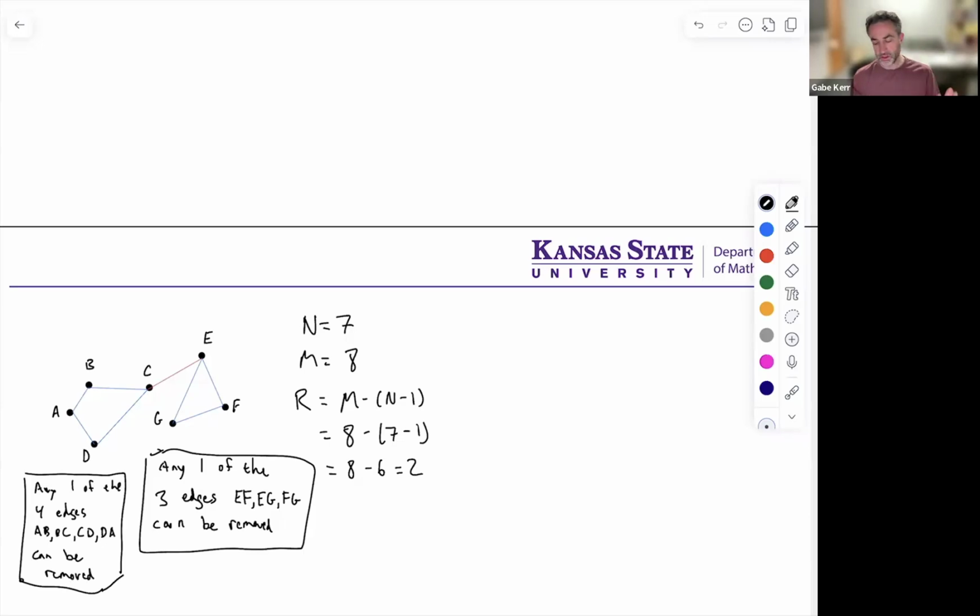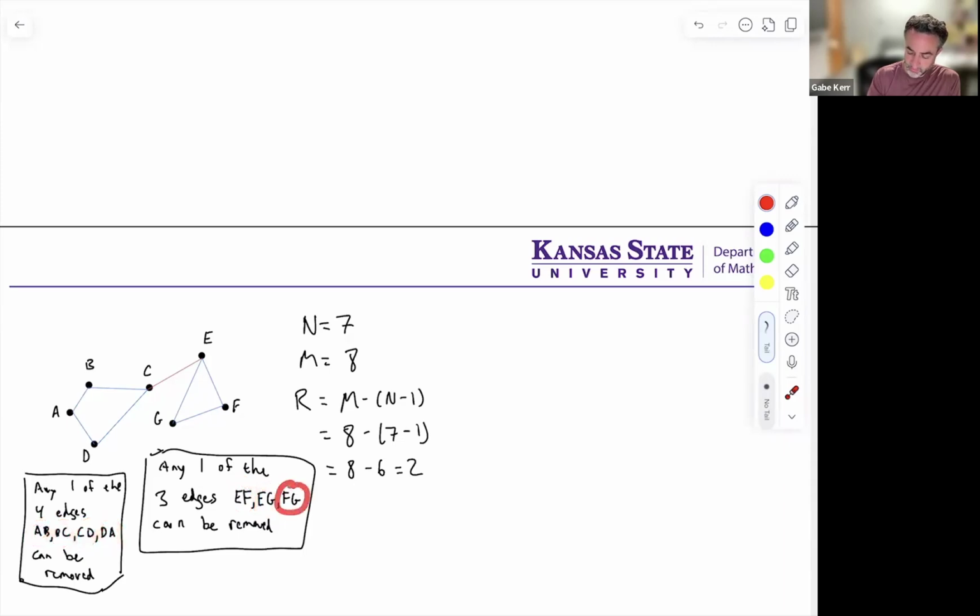So how many choices do you have in total? Well, you have 3 on the right-hand circuit and 4 on the left. So those two will multiply to give you the total. And the way you can think of that is if you remove this, then you have 4 choices. If you remove this, you have 4 more choices.